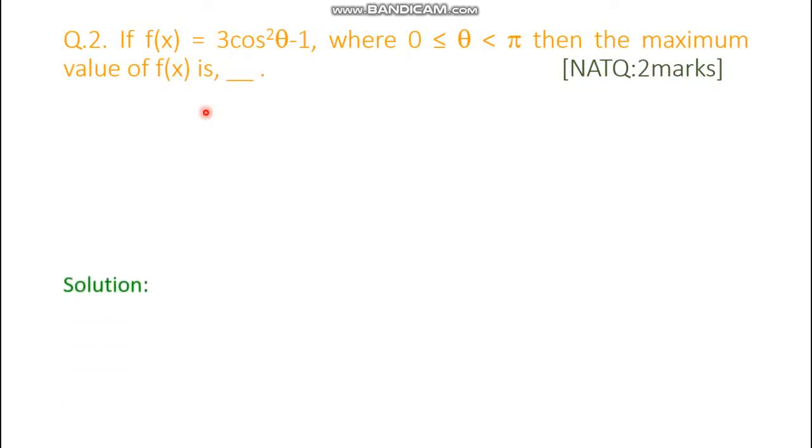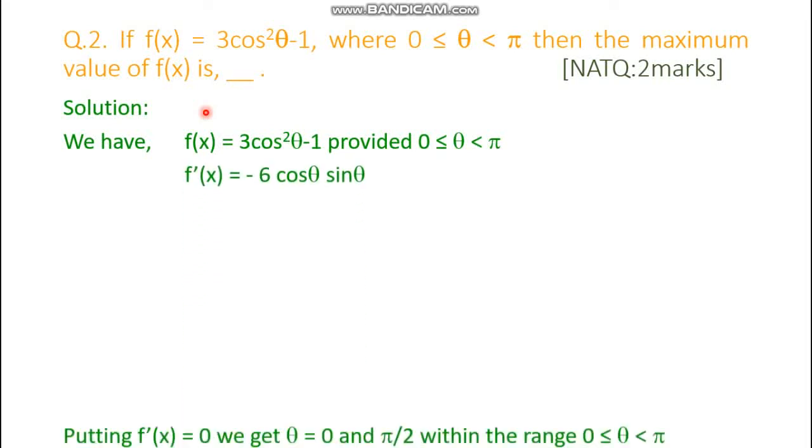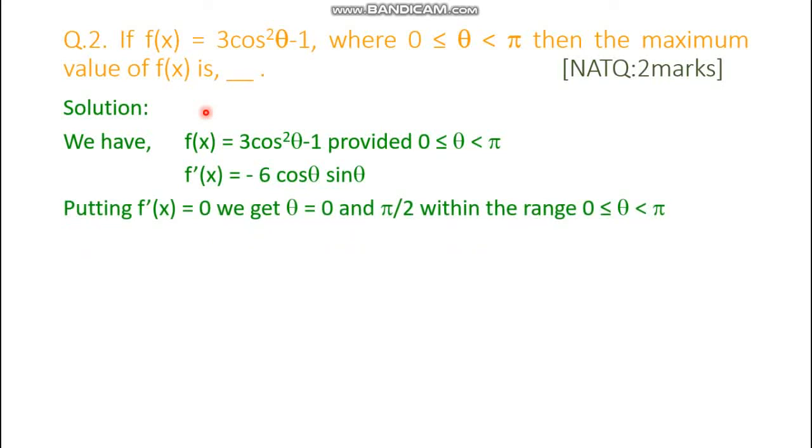The solution is the same. f(x) is given, then f'(x) we have already done, and equating f'(x) with 0, we get θ = 0 or π/2. These things have been done in the previous question, because θ has the range greater than or equal to 0 and less than π.